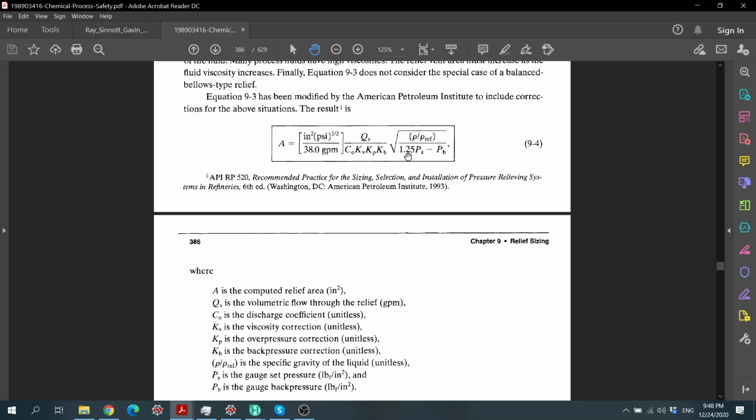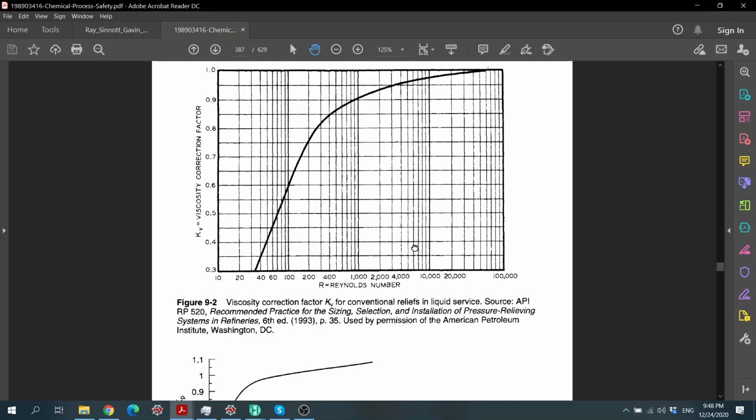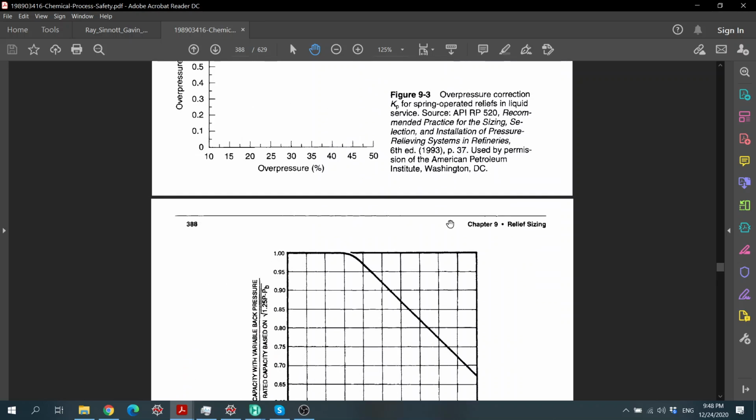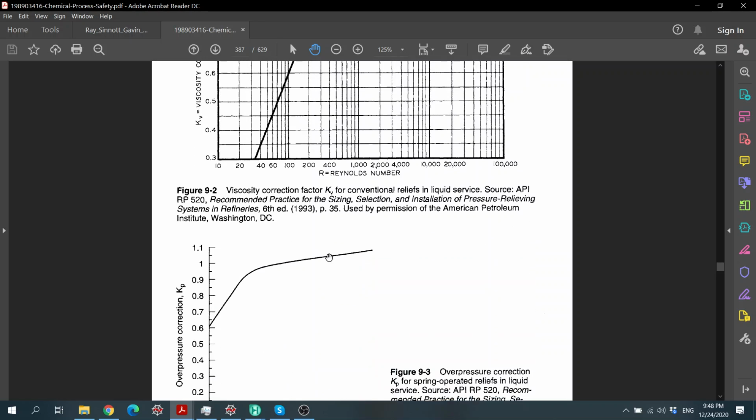So we need to know the flow rate, the set pressure, the back pressure, and the properties of the fluid, and then we can just key in all of the constants and get the A. So that's basically how it's very easy to use this. We have all of these KV corrections, so if we have a different Reynolds number, we can see the correction factor for our KV.